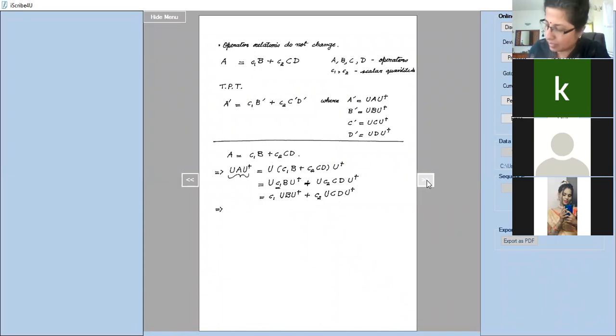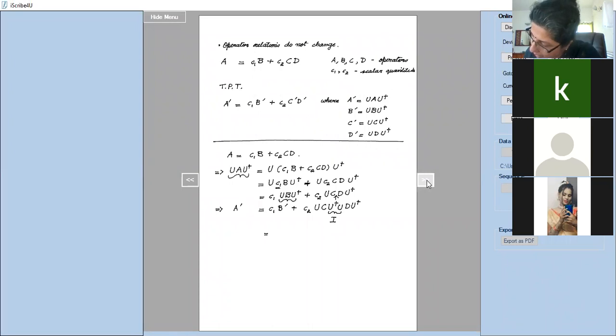Let's come on to this side. UA U dagger is nothing but A prime, which is equal to C1 times UB U dagger, which is nothing but B prime, plus C2. Now here you have U, C. In between this C and D, I'm going to put in a U dagger U. How can I put in a U dagger U? U is unitary. So U dagger U is nothing but an identity, and it won't change anything.